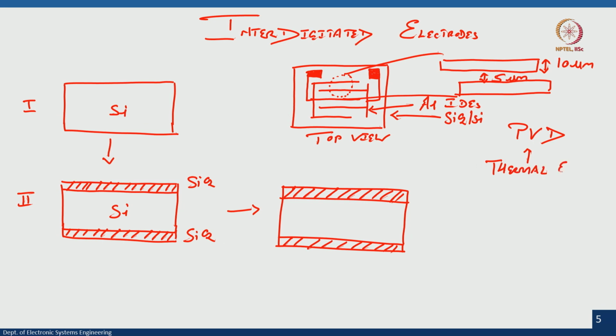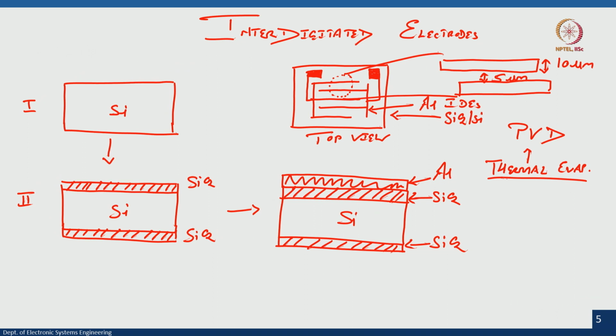No, thermal evaporation. With thermal evaporation, you can deposit aluminum onto the oxidized silicon substrate. This is aluminum, SiO2, silicon, SiO2. Okay. Using thermal evaporation. Nice. This is our step number 3.